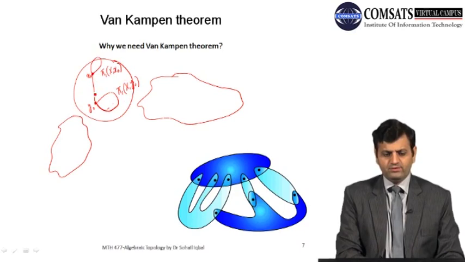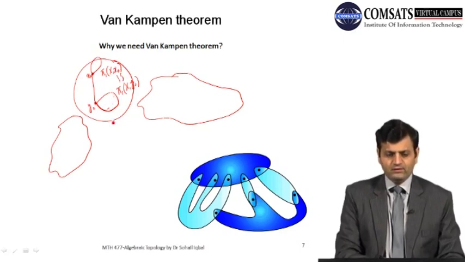So if there is a path between two points, the homotopy classes of loops at those points are isomorphic to each other. So if it is a path connected component, the fundamental group at each and every point is the same. One path connected component has one fundamental group.